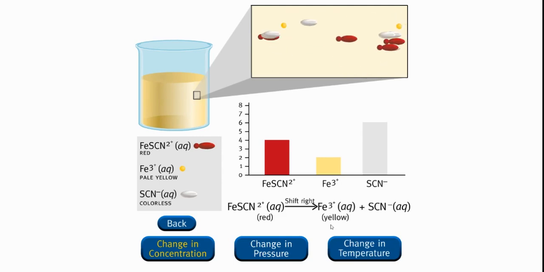As the system shifts to the right, the concentration of iron thiocyanate ions, FeSCN2+, decreases. The red solution turns yellow due to the decrease in concentration of the red iron thiocyanate, FeSCN2+ ions, and the formation of the yellow iron 3 oxalate ions. Note that the reaction between iron 3+ ions and oxalate ions is not shown. The shift in the equilibrium position is the focus of the simulation.